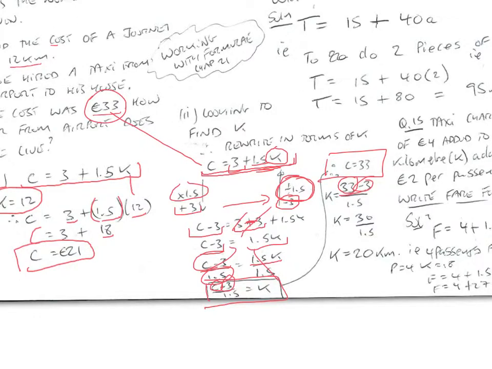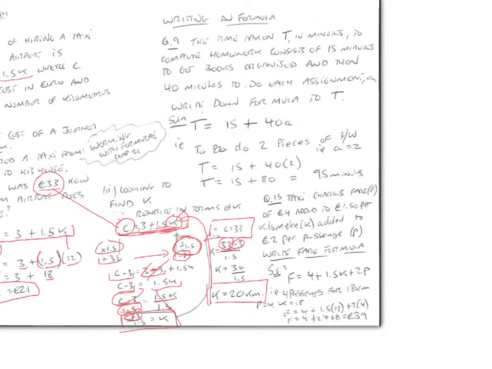And that's the same as K is equal to 30 over 1.5. K, the distance, is equal to 20 kilometres. And if you wanted to test that, you could put 20 in here, multiply it by 1.5, add 3, and you should get 33.